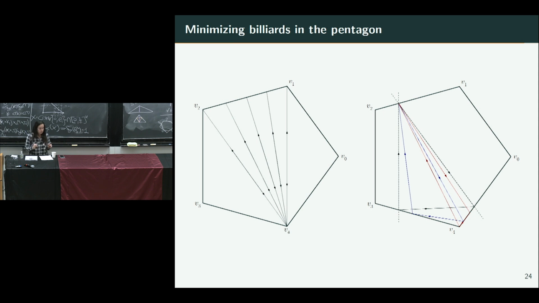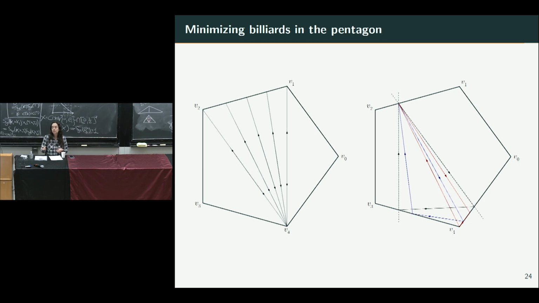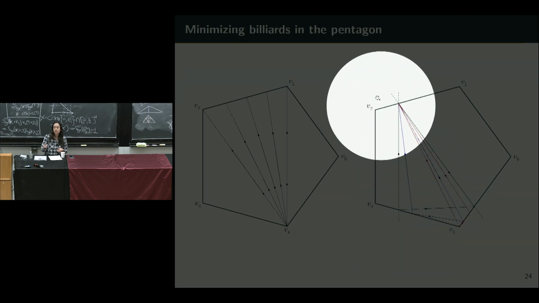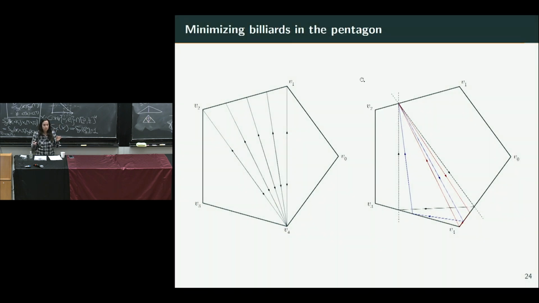For instance, this one. It could be a regular one, like the blue one here, which goes through some points. But it could also be more degenerate, going to the edge and then going along the edge and going back through the diagonal. So I have a lot of types of minimizers.